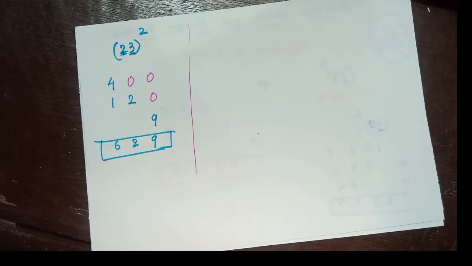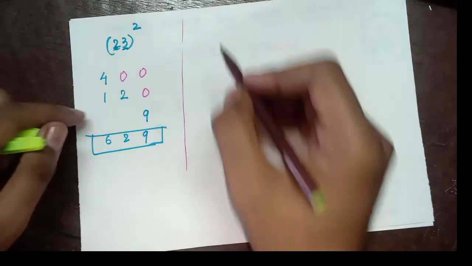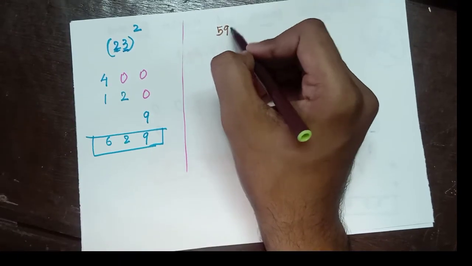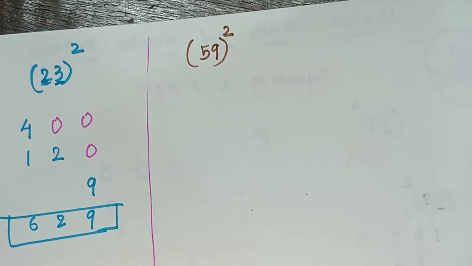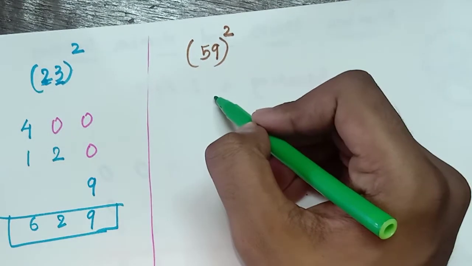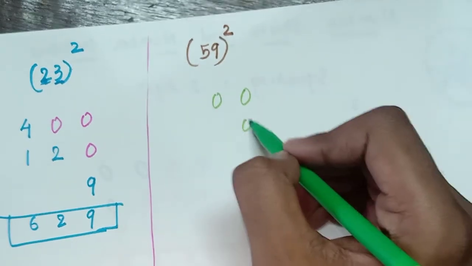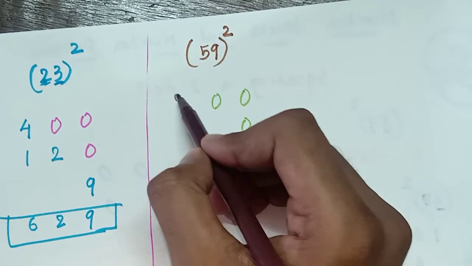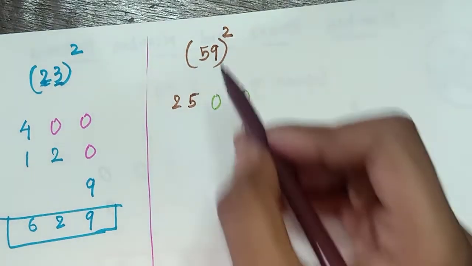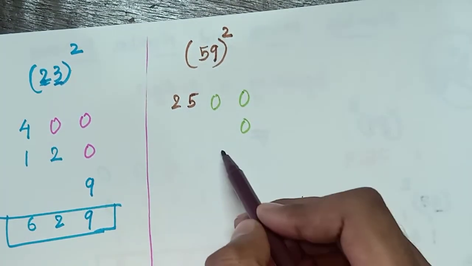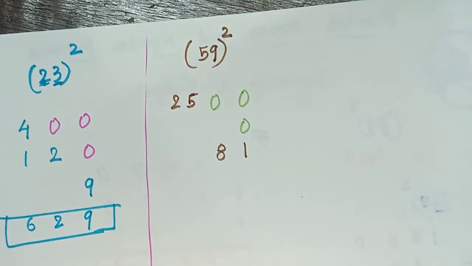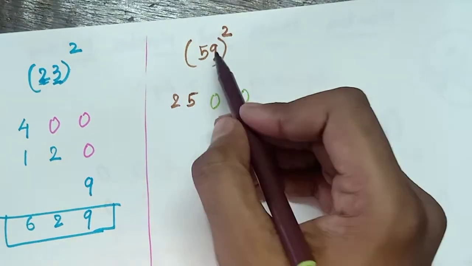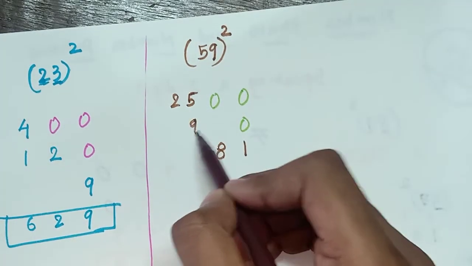Now let us take some middle range. Let us take, suppose, 59 squared. Starting with this, you know that you have to write 3 zeros, 1, 2 and 3 zeros like this. Now 5 is the first digit, 5 squared is 25. Then the second digit is 9, so 9 squared is 81, so write 81. In between, 9 5s are 45 and 45 2s are 90.